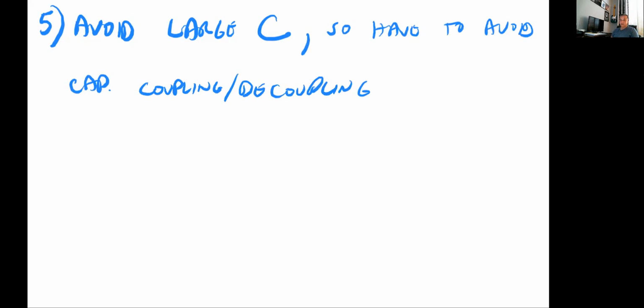Remember that we are talking about analog design and about signals. So we have to couple and decouple. Normally we would couple and decouple signals with capacitors, you know, the AC signal from the DC biasing points. But in IC design, we don't do that because we cannot afford the large capacitors that would be needed. So what that means is that circuits are directly coupled.